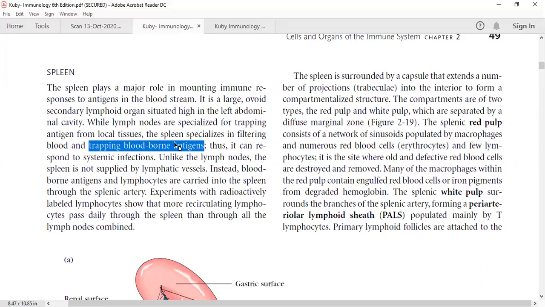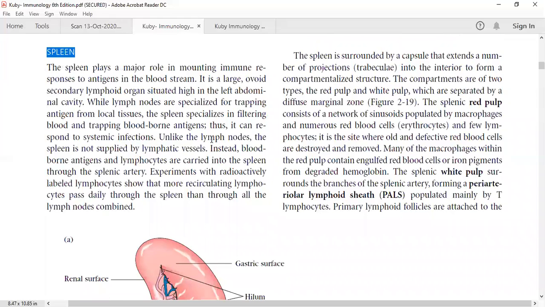If any antigen is present in the blood, the spleen will recognize and trap those particular antigens. Thus, it can respond to systemic infections. If there is any infection in the blood, the spleen will take care of this particular infection.